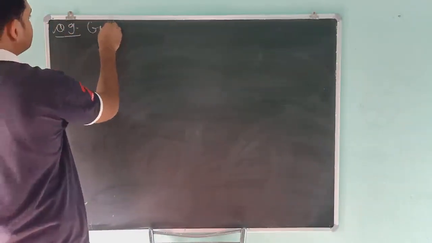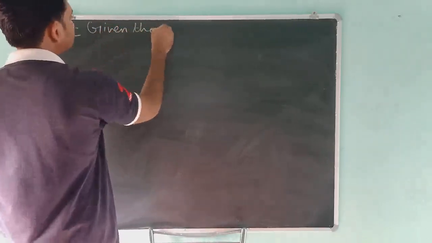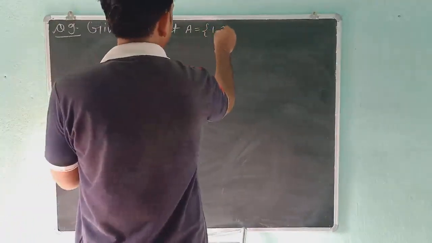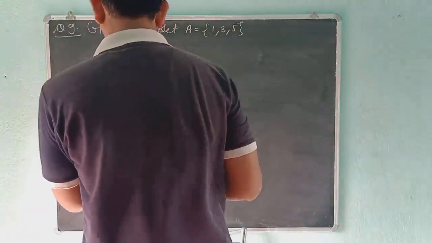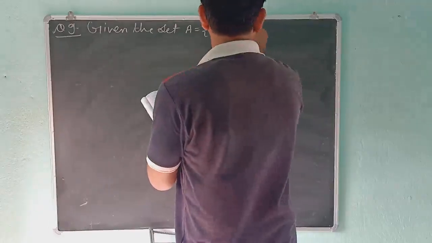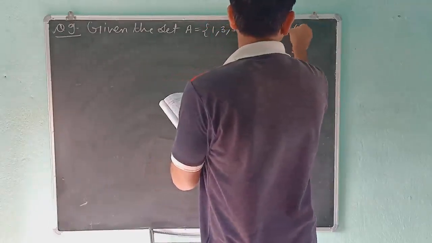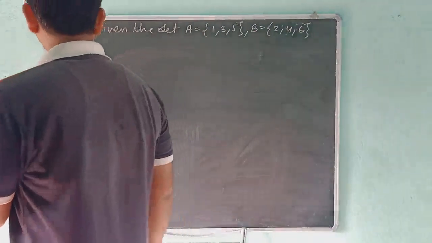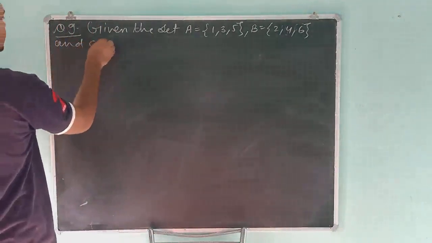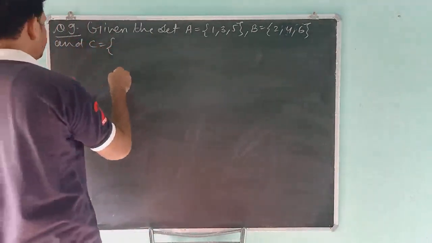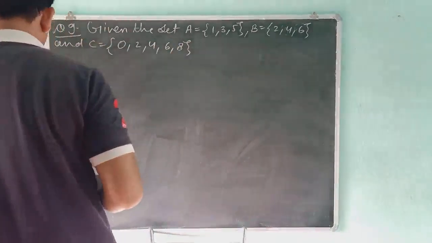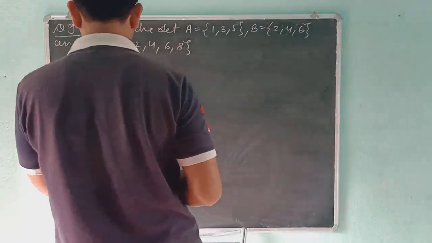Given the sets A is equal to 1, 3, 5, B is equal to 2, 4, 6, and C is equal to 0, 2, 4, 6, 8.